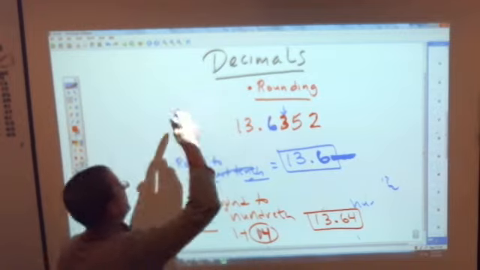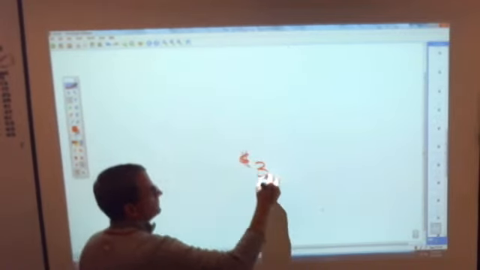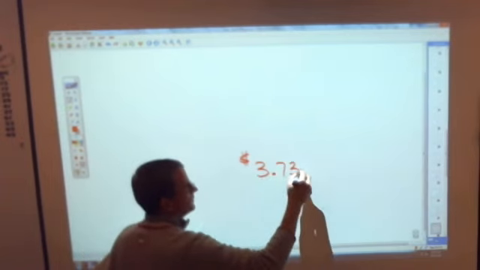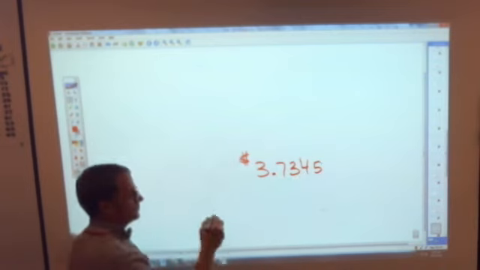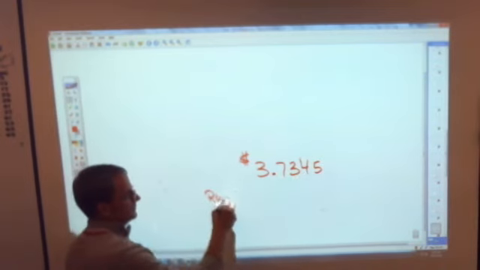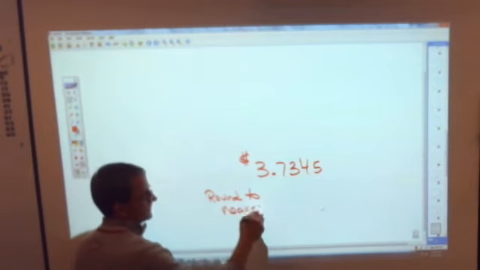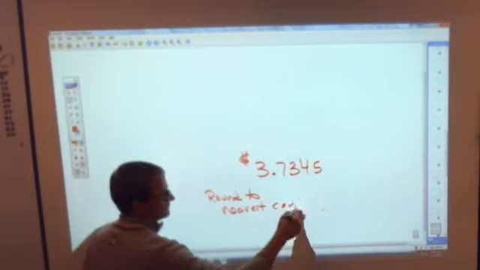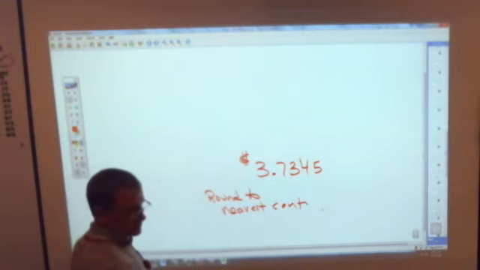Or, another example would be this. 3.7345. And you're supposed to round to the nearest cent. Well, a cent is what place? Tenths, hundredths, thousandths, millions, billions?